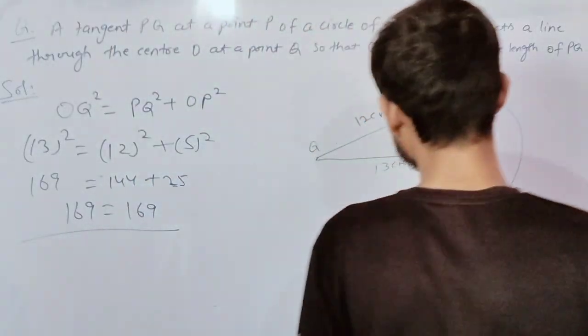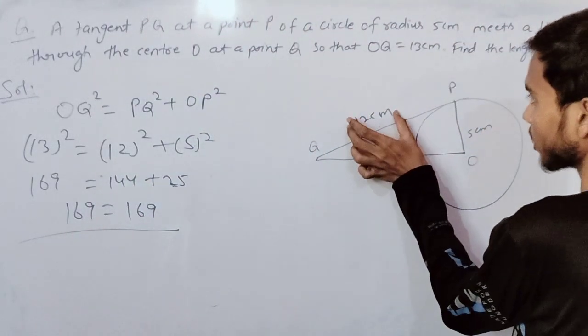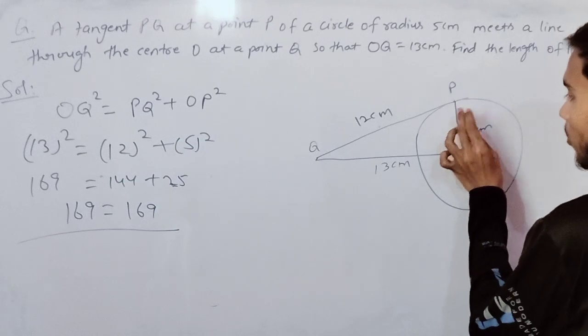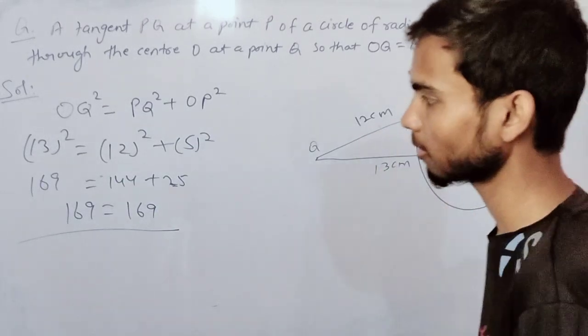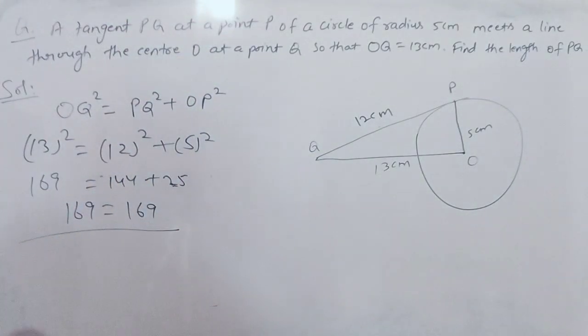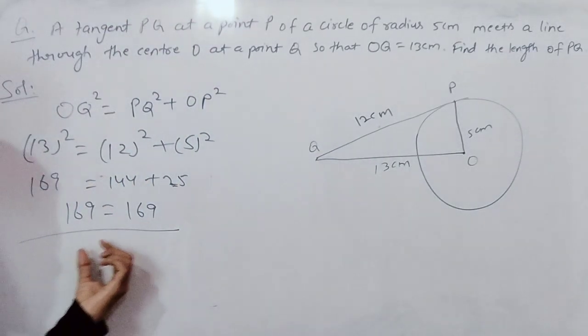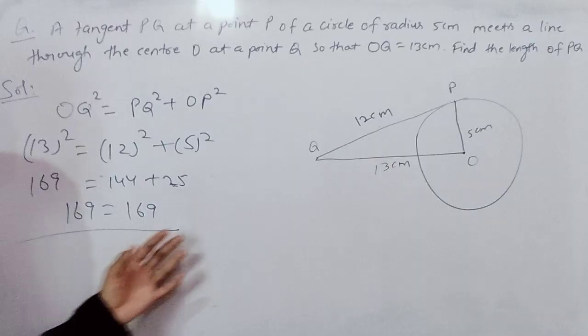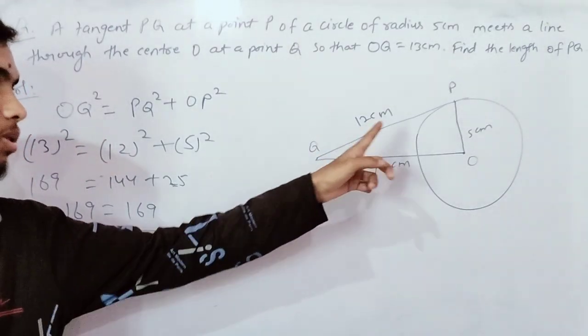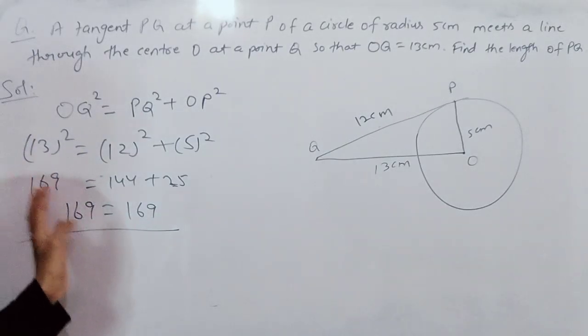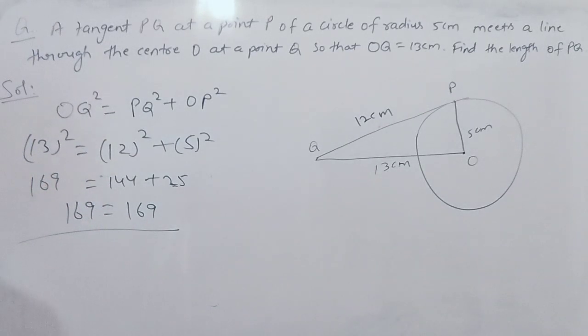That's why it is said that the sum of this and this will be equal to this. So 12, which is the answer, is correct, because LHS equals RHS. After substituting 12 centimeter in the Pythagoras in place of PQ, we got both sides equal.